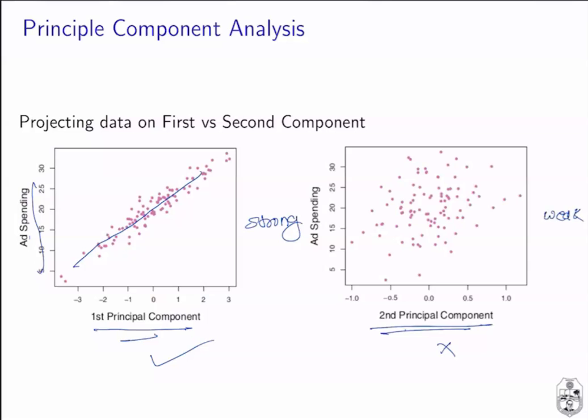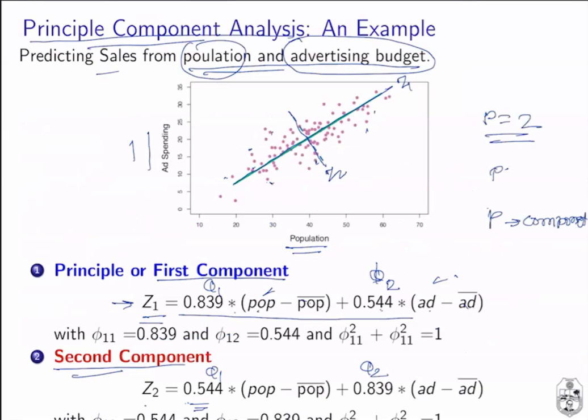So here now we have selected only one component, that is the first component or the Z1, and the Z1 is expressed as a linear combination, this is the equation for the Z1. So here the Z1 is the linear combination of two input features. Now these two input features are transformed into one single component, that is the Z1.